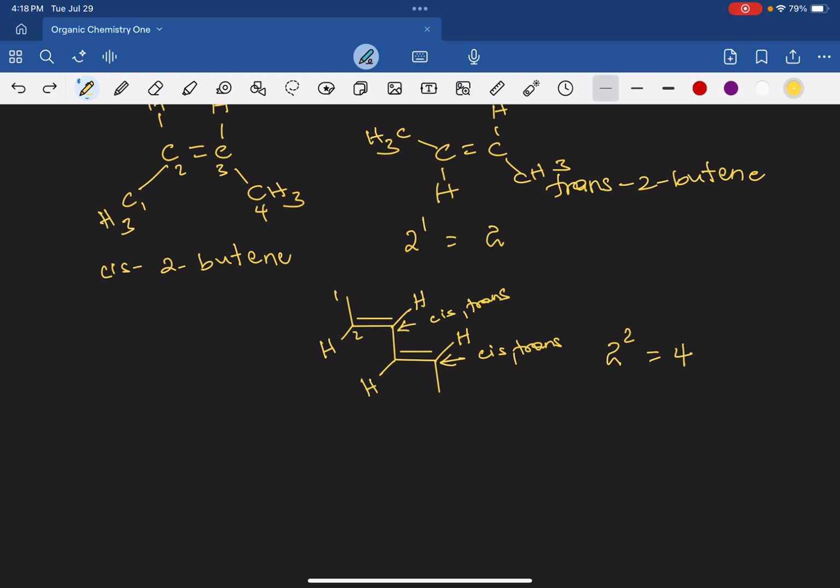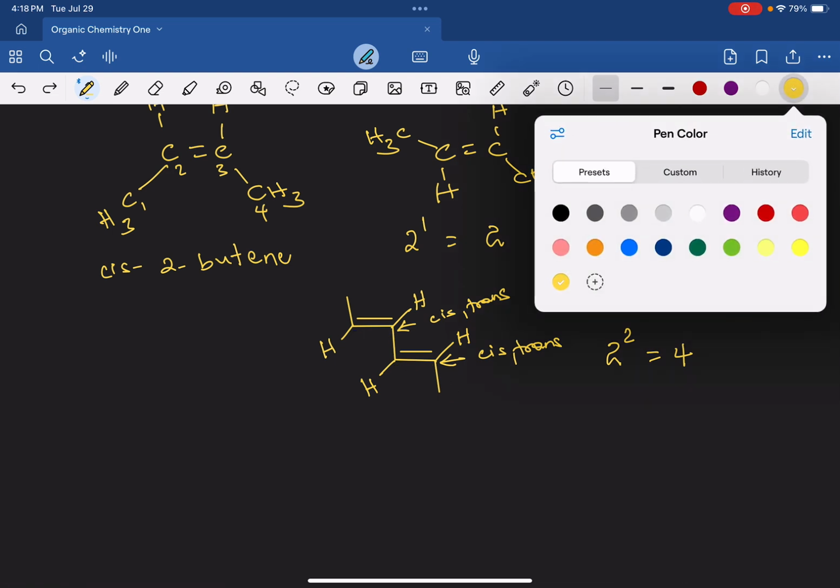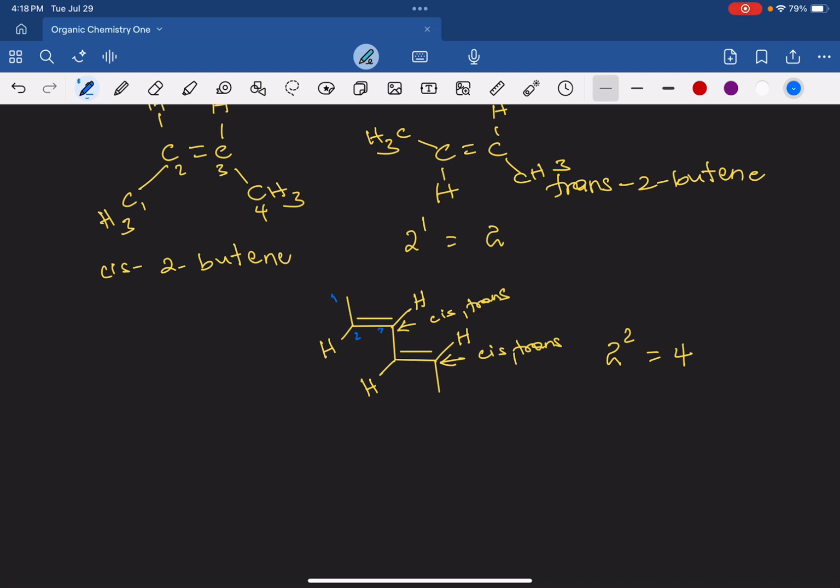I have a double bond between 2, 3, so you write 2, comma, and my next double bond is between 4, 5. Take the lower number, 4. 6 carbons in my longest chain, hex, 2 double bonds, a diene. So for 2,4-hexadiene, you can draw 4 stereoisomers.